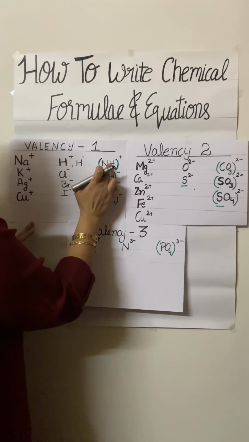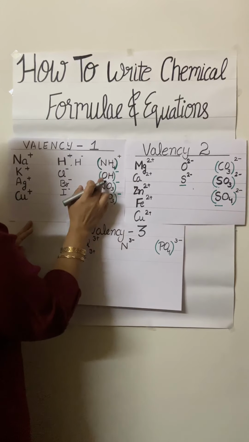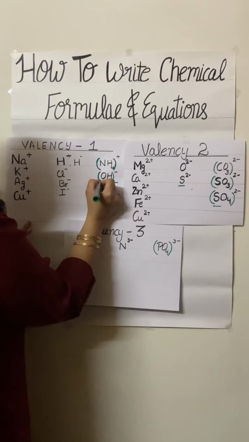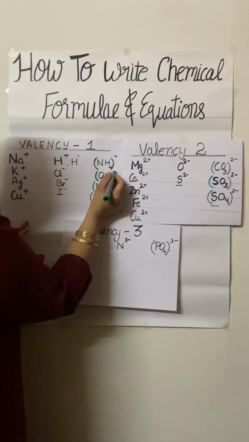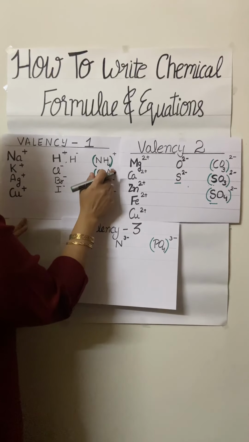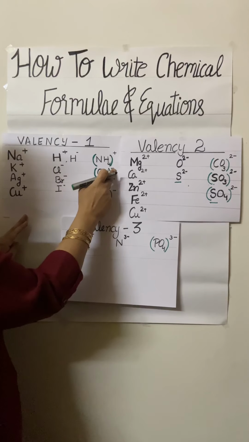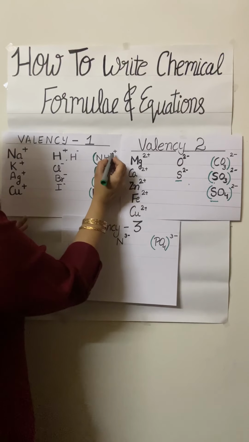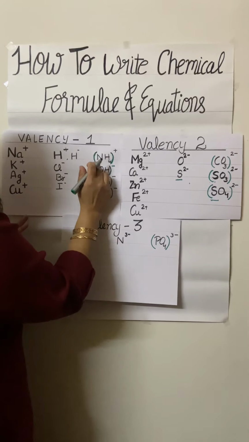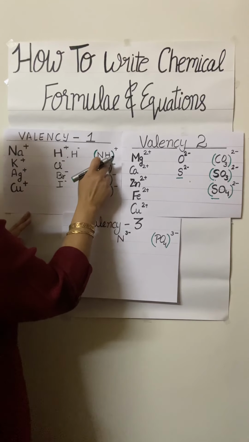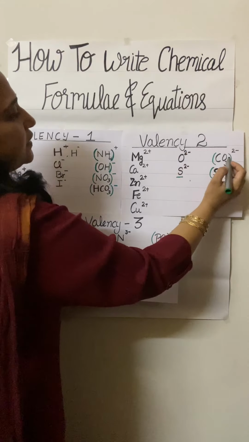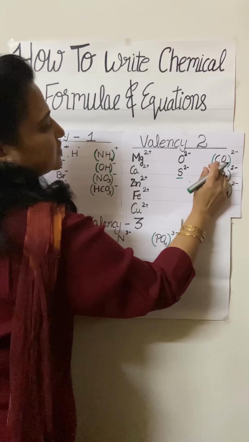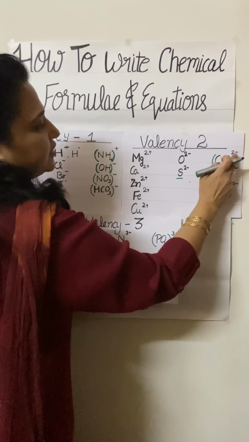I have put a green color bracket so that it is visible to you. The valency should be outside the bracket. This shows that this one valency is for the entire polyatomic ion. Similarly here, 2 valency is for the entire carbonate ion.